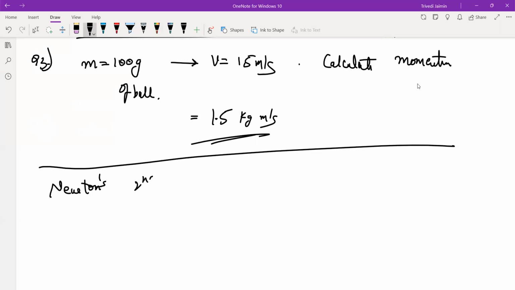Okay, Newton's second law. Let's end with the second law. What is the second law? F is equal to ma. Yes. Give the definition of it in terms of momentum.